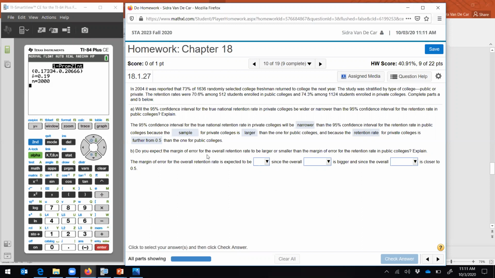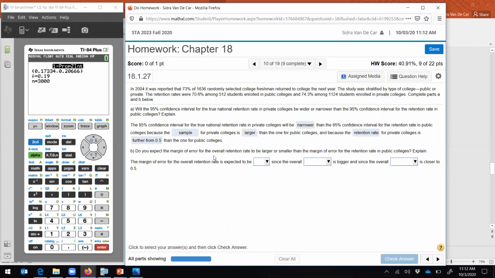All right, so do you expect the margin of error for the overall retention rate to be larger or smaller than the margin of error for the retention rate in public colleges? Okay, so look at what's going on here. In public colleges, it's smaller than the private colleges. So I would expect this to pull it up a little bit. So I would expect it to be higher, right? Oh, so the margin of error for all of them.